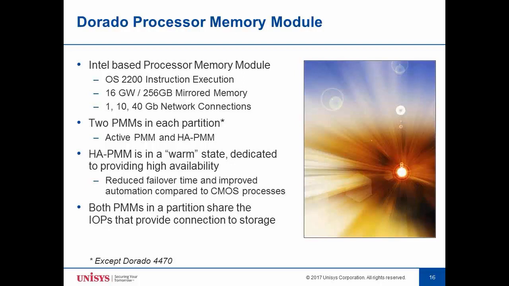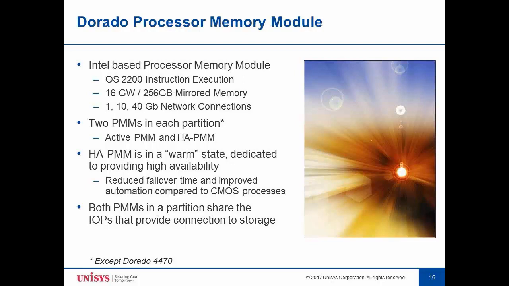The PMM runs the network connections for the system, and we have a new 40 gigabit Ethernet network connection that's available. With most of our models, everything except for the entry-level Dorado 4470, we provide 2 PMMs, an active PMM and then a warm standby PMM, which is there in the configuration waiting to take over in the unlikely event that the first PMM is unavailable.